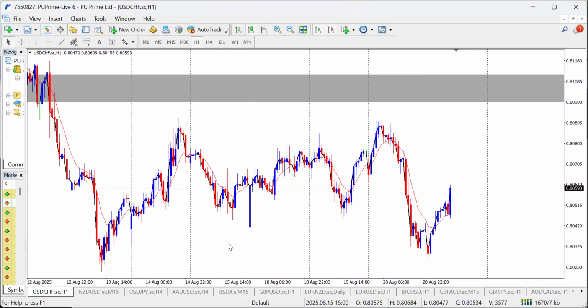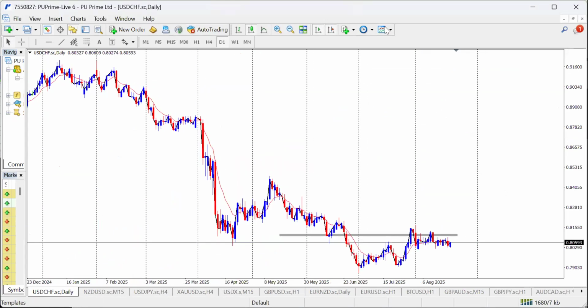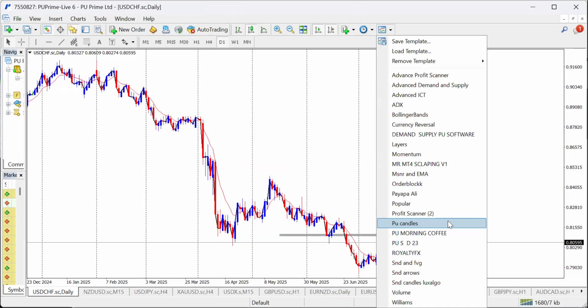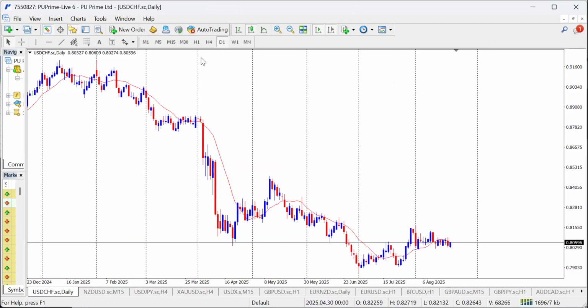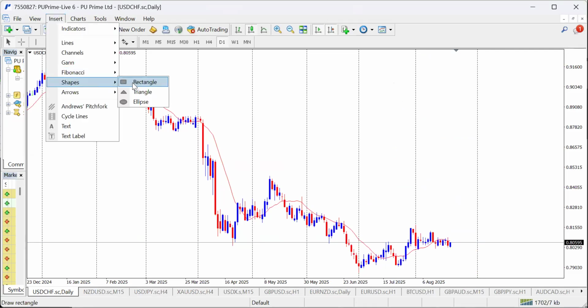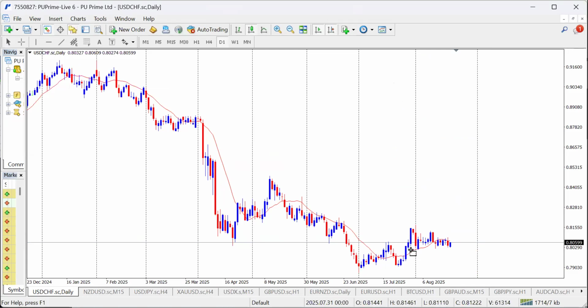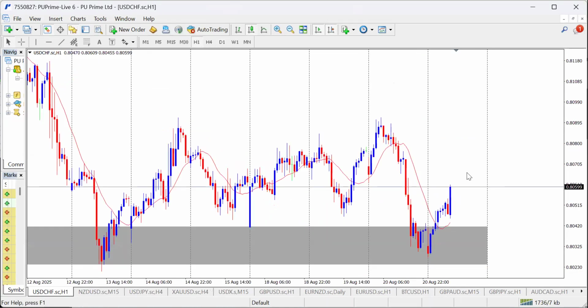USDCHF. So for USDCHF, I'm going to just use normal candles. What am I expecting? Like yesterday, we had a rejection of market at this support zone, at the support level, and market is entering into a range, right?